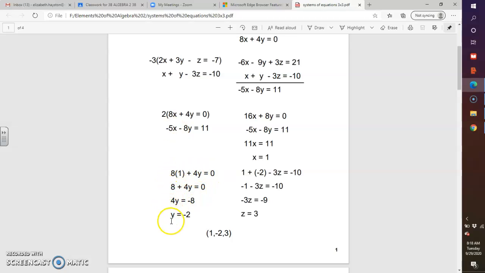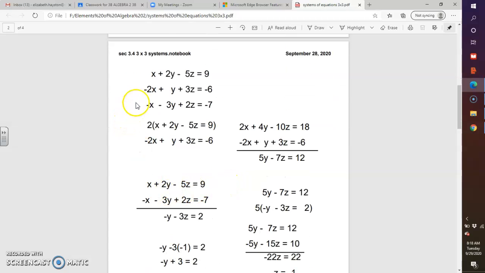We subtract 8, we divide by 4, and my y equals negative 2. Then finally, to get my z, I have x is 1 and y is negative 2, and I plug back into an original. I chose x plus y minus 3z equals negative 10. 1 plus negative 2 minus 3z equals negative 10. Negative 1 minus 3z equals negative 10. Negative 3z equals negative 9, and then my z equals 3.